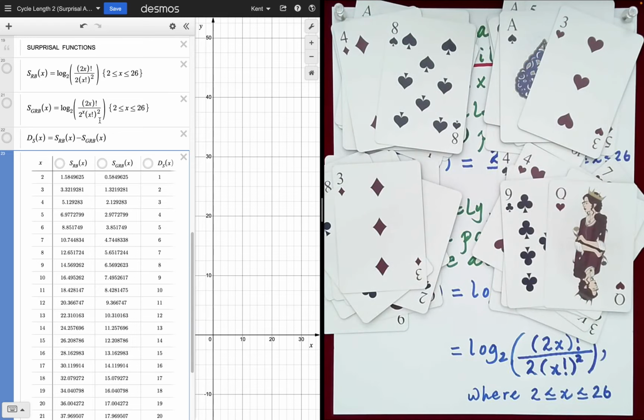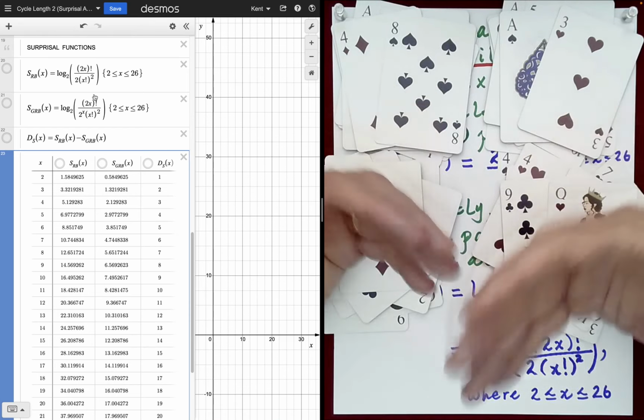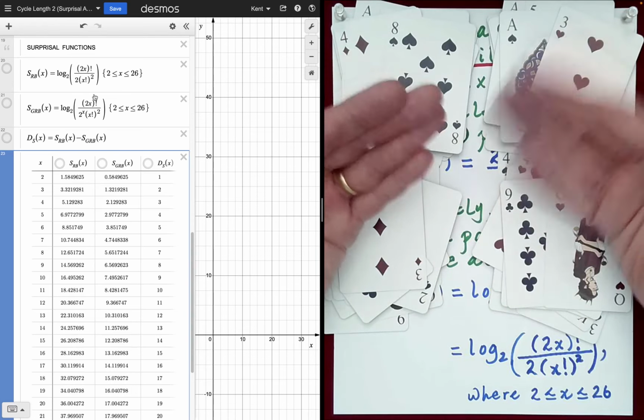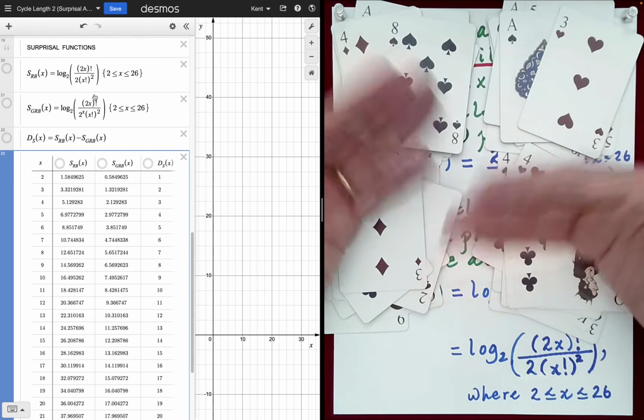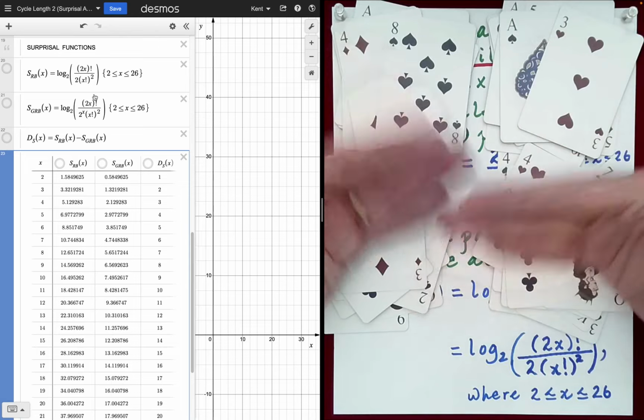Now, for the purists out there, those who really know their stuff, I should point out a subtlety here that is pretty amazing to contemplate. In the derivation of this expression, what this actually finds for us is all of the ways in which an equal portion of red and black cards could be so arranged so that when taken as pairs from the top, each pair consists of a red and a black.